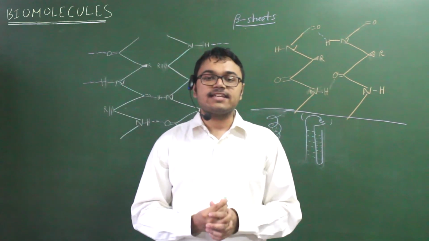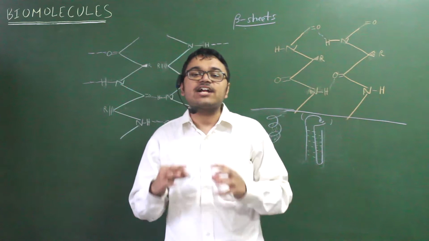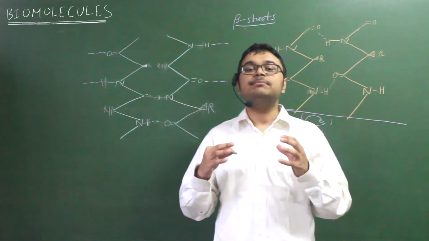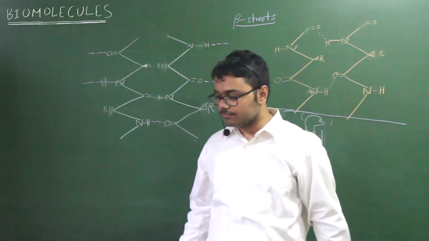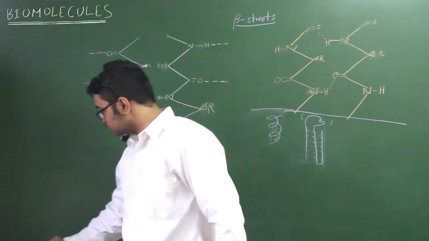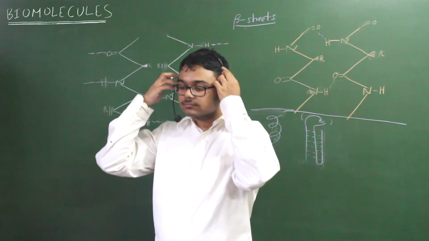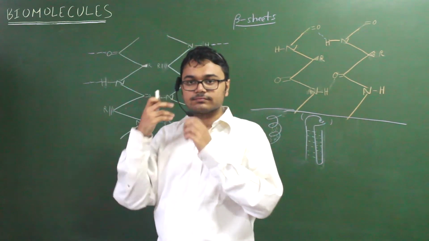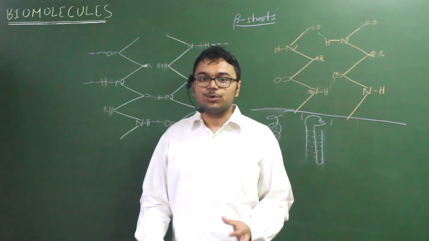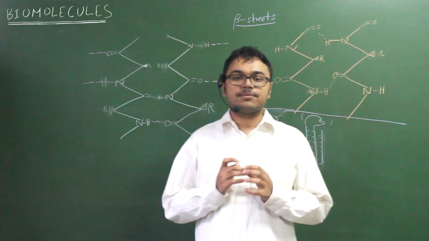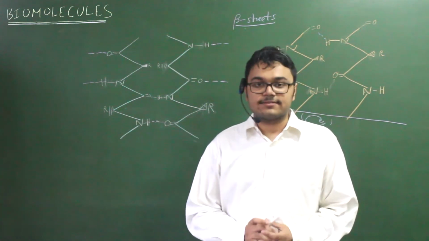Okay, now let's take a brief look at the exact geometry of the hydrogen bonding in beta sheets. So, if you remember correctly from the Ramachandran plot, there are two different kinds of beta sheets.